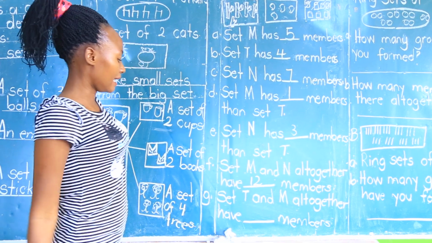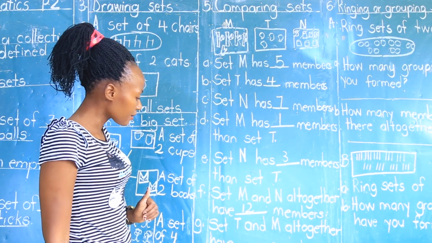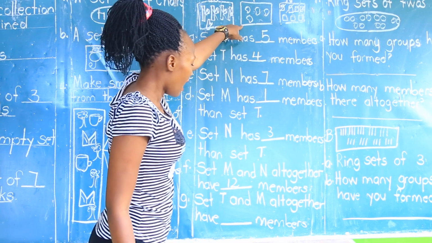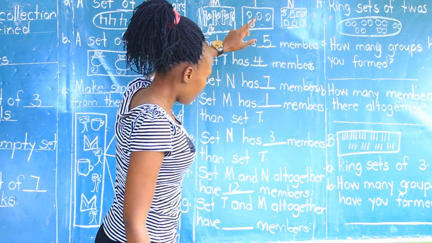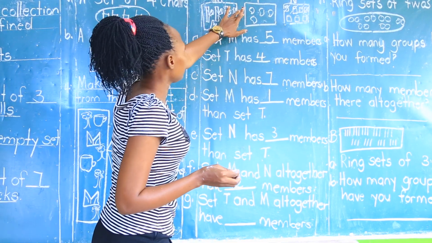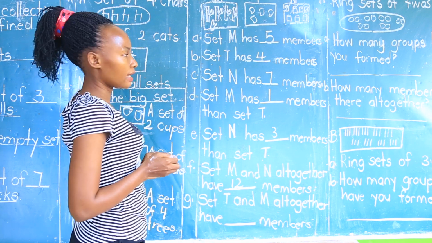Put our answer there. Then we go to our last question about comparing sets. We have set T and M all together have dash members. Now we are going to join set T and set M. We are going to get those members, we put them together.